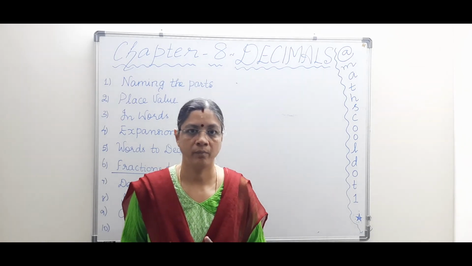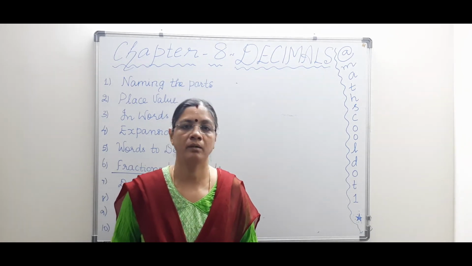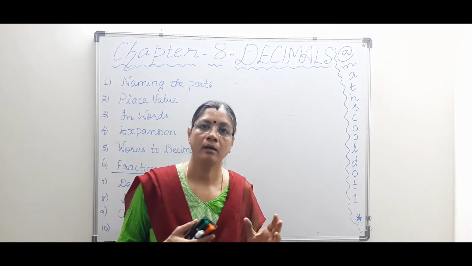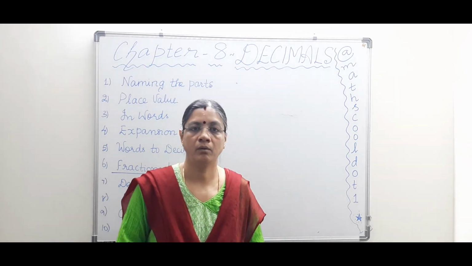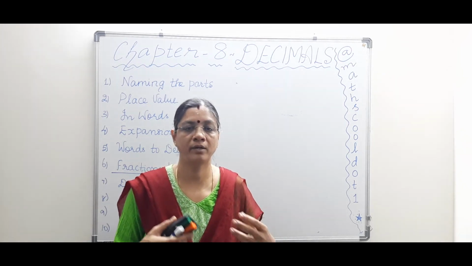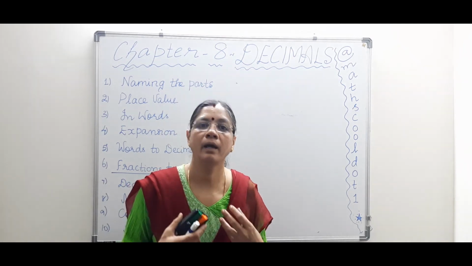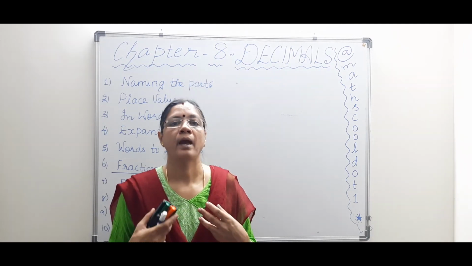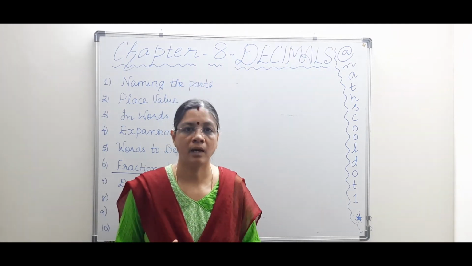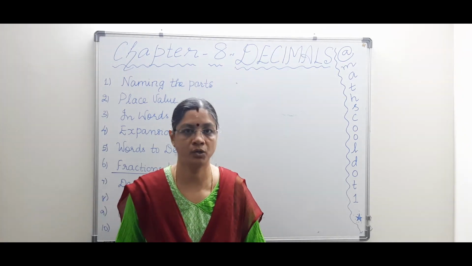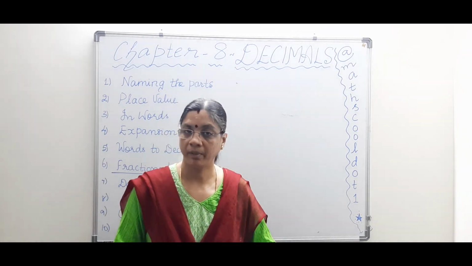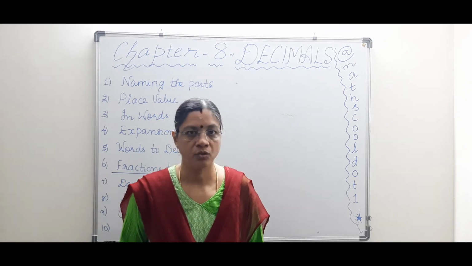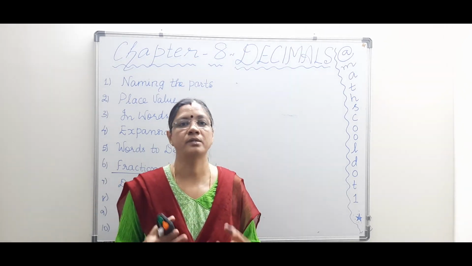So all these things we'll be doing, and comparisons we'll be seeing. And like what we studied in fractions, like fractions and unlike fractions, we'll see like decimals and unlike decimals too. And also at the last we'll be seeing the operations with decimal numbers, and their applications also, where we use decimal numbers.